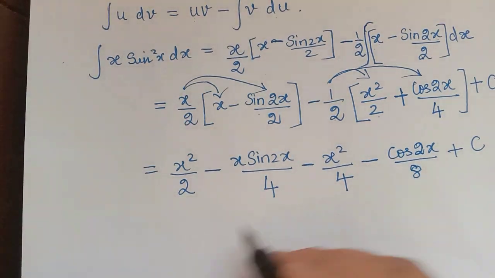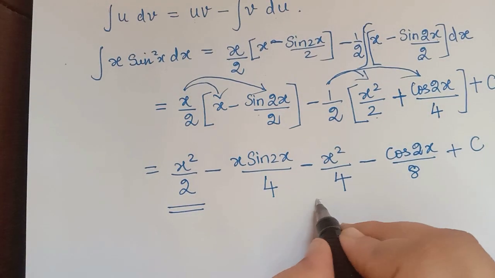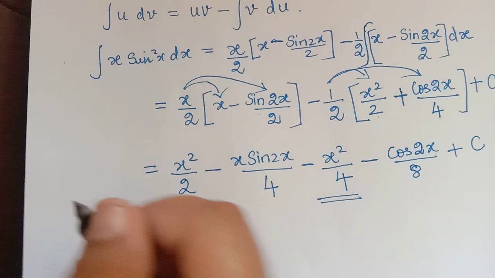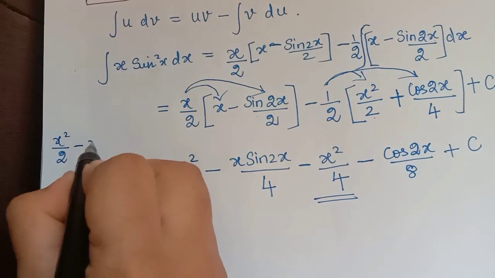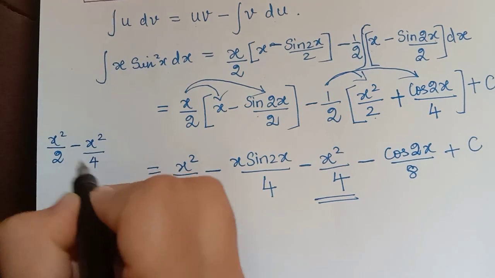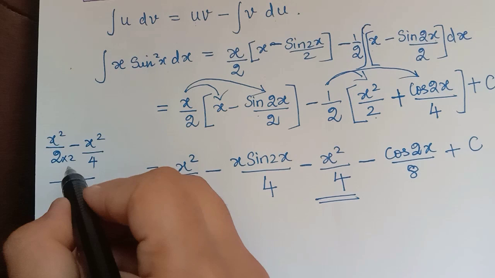After this we will gather the terms and simplify. If you see here, x squared by 2, and here we have minus x squared by 4. So what is x squared by 2 minus x squared by 4? The LCM is 4, so we multiply by 2 to get this 4.